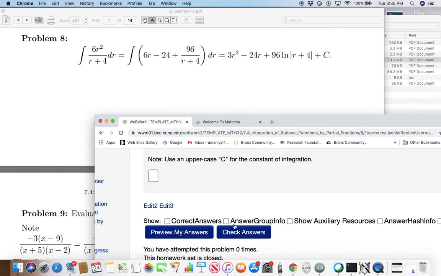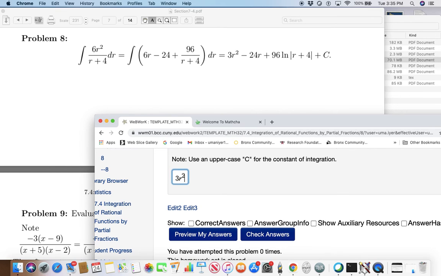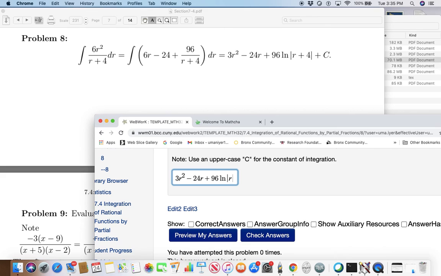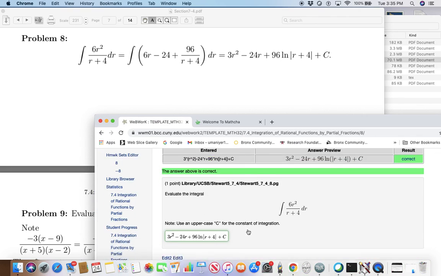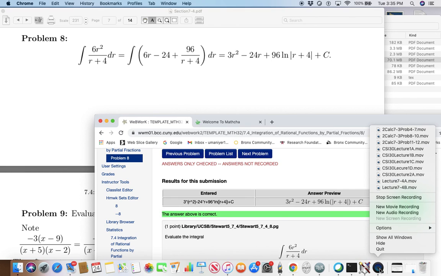So let's put it all in. 3r power 2 minus 24r plus 96 natural log absolute value r plus 4 plus constant of integration. That's correct. So we'll continue from problem 9 in our next video.